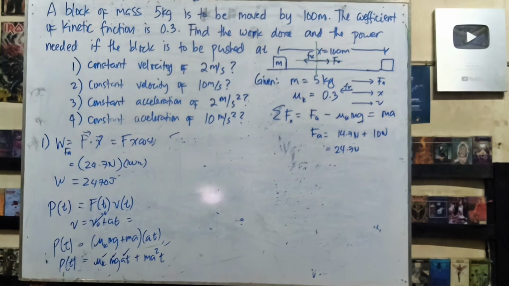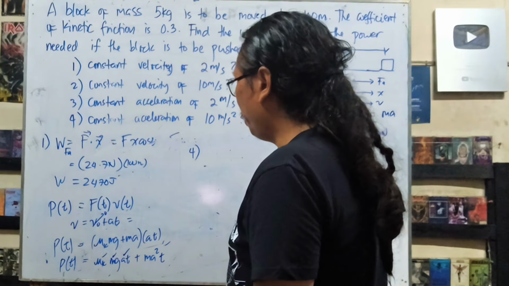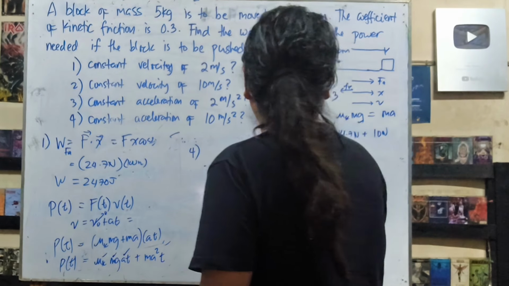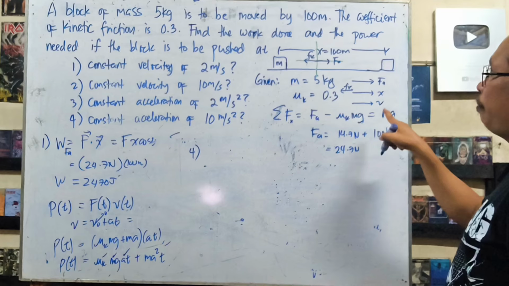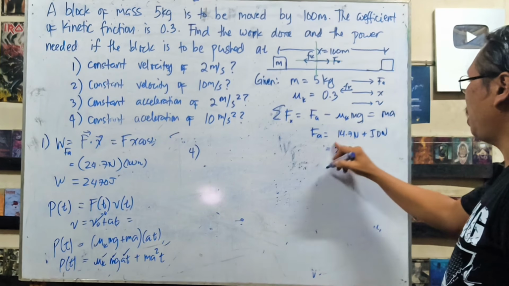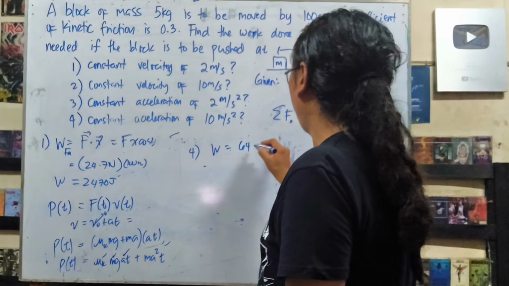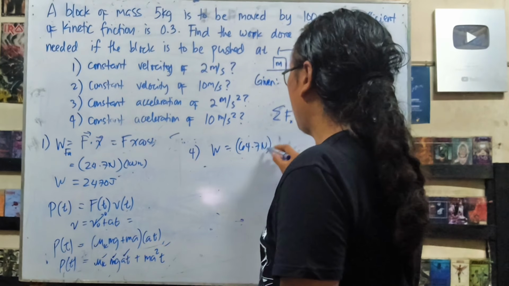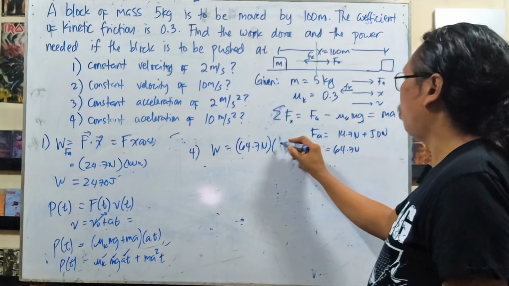And for our number 4, well, number 4 is just the same. The work done, but in this case, our A is 10. So that's 5 times 10. This means that this is 50. So this would be 64. So the work done is actually 64.7 newtons times x 100.